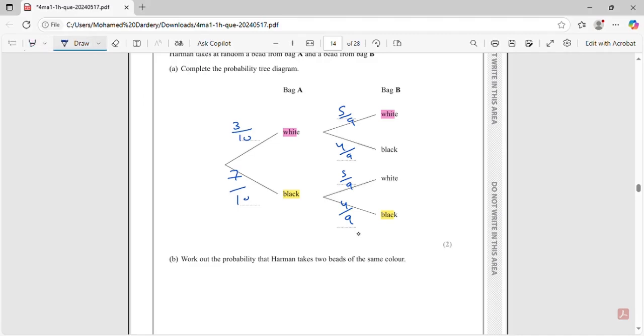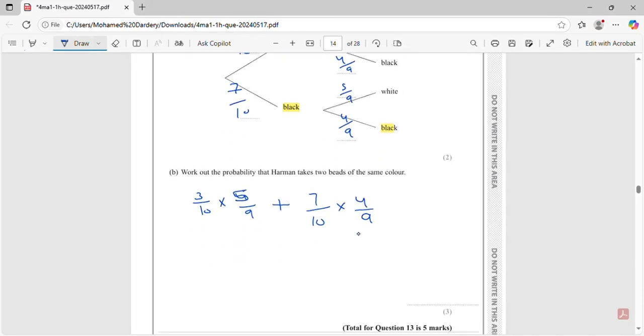So I have to multiply 3 over 10 by 5 over 9, sorry, this is all plus 7 over 10 multiplied by 4 over 9, which is equal in total to 43 over 90.